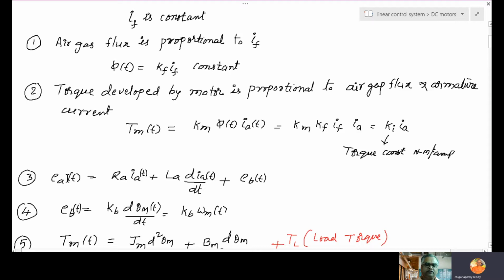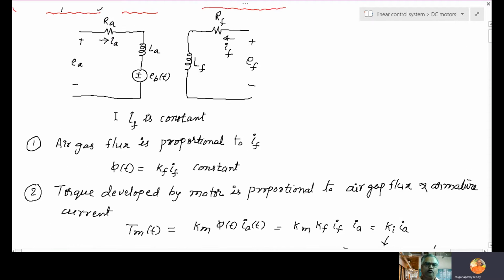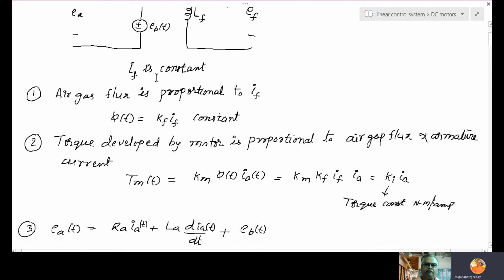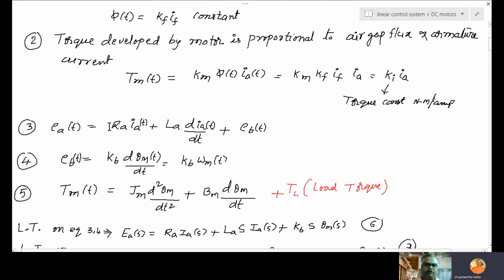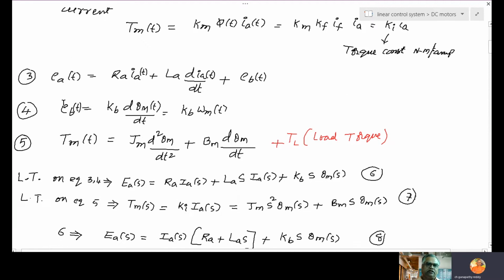Third one is when we write a loop equation, mesh equation. That is Ea of t is equal to Ra into Ia plus La dIa by dt plus Eb of t. Simple KVL or loop equation. Then back EMF always depends on the speed of the motor. It's like a generator principle.